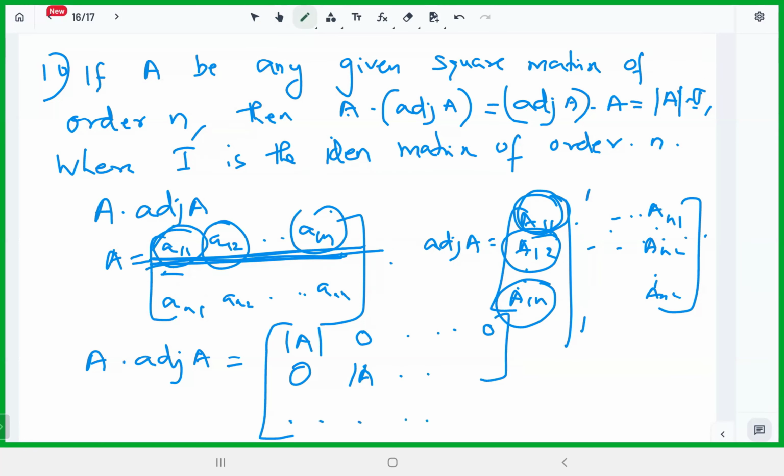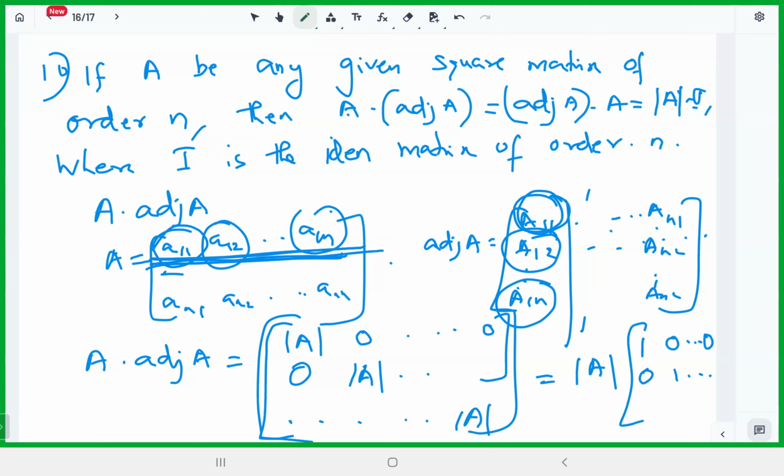So on doing like this, you will get A into adj A like this, and all other products will be 0. If I take the determinant A outside, all the diagonal elements will be 1, and the non-diagonal elements will be 0.